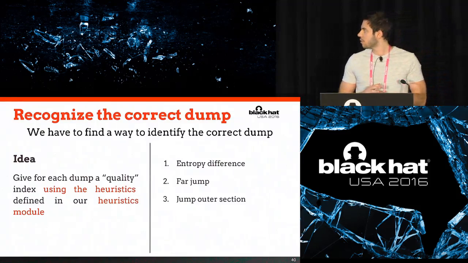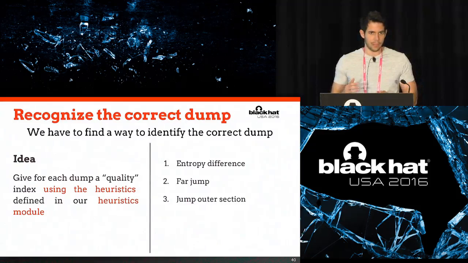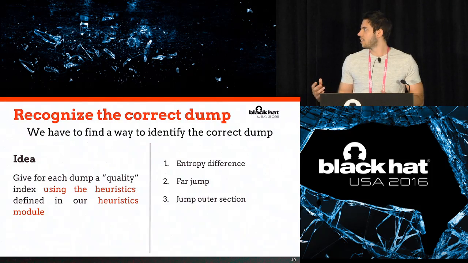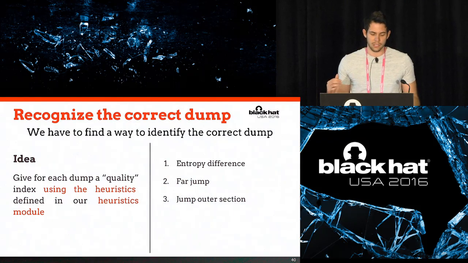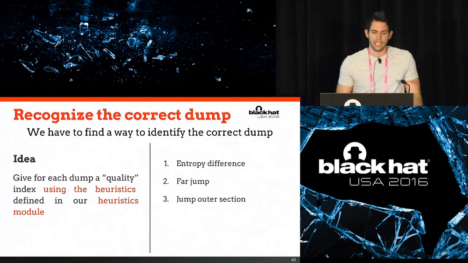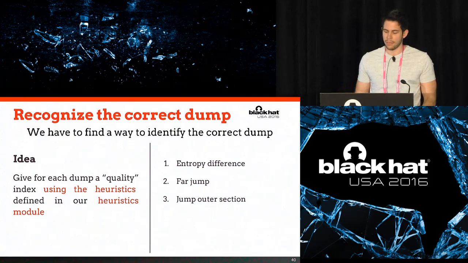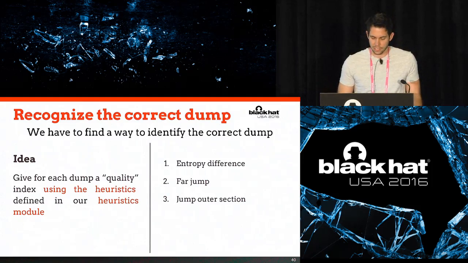During our research, we noticed that a lot of packers, when they finish the unpacking routine, make a significant jump, or they jump into another section of the program. So if we spot one of these two behaviors, these heuristics are triggered.